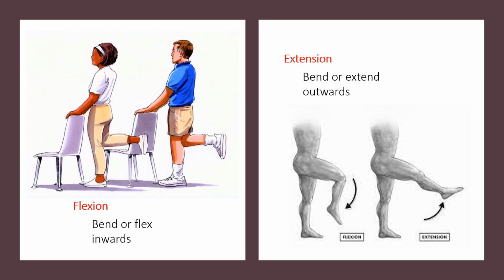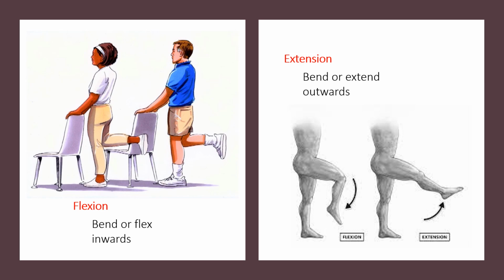Now in this second picture, we can see both going on here. We can see a flexion and we can see an extension. So this is a flexion of the knee and an extension of the knee. What is also going on here, which is a little bit more complicated, is, can you see that the hip is flexed?